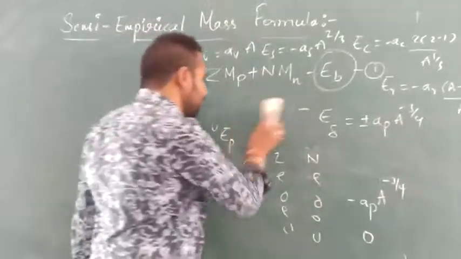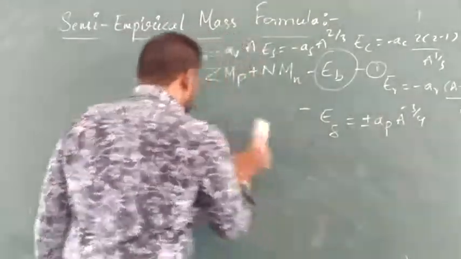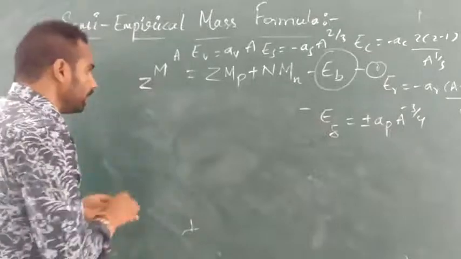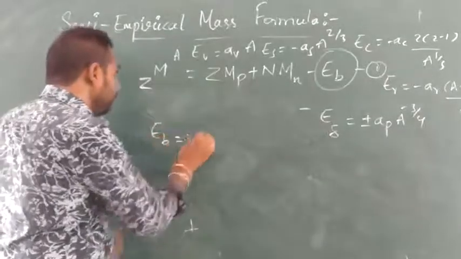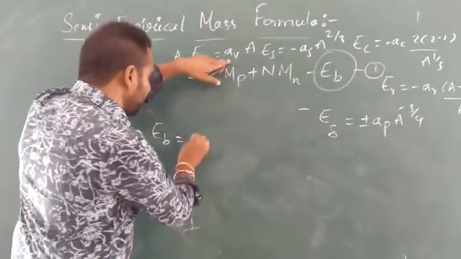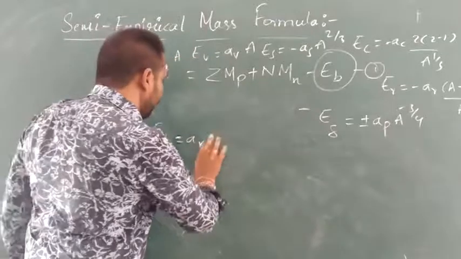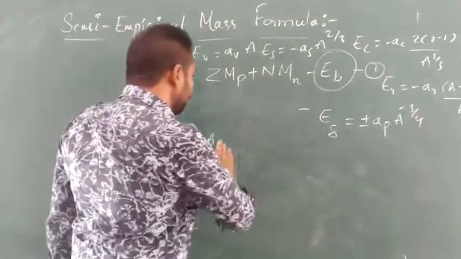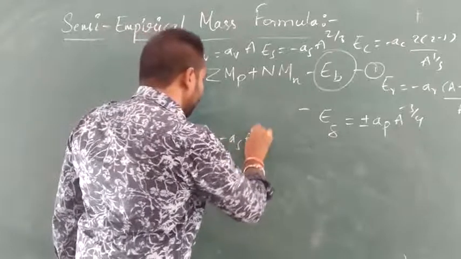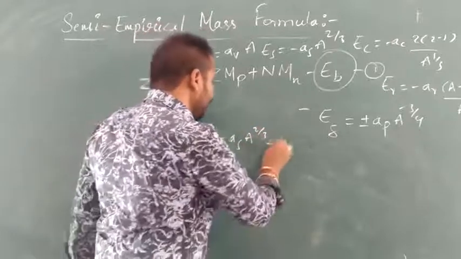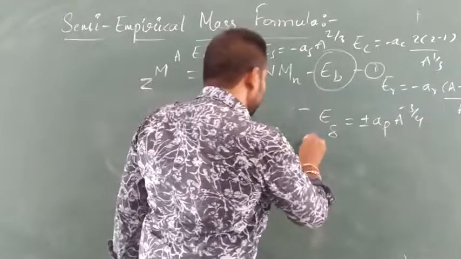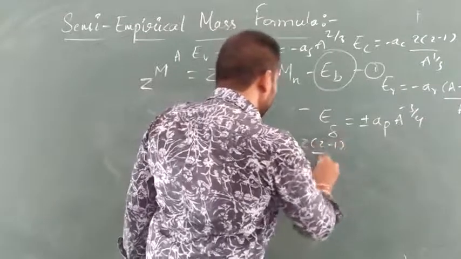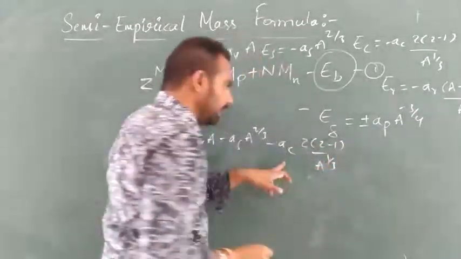So the EB value is given by now. EB is equal to how much? First the volume energy term AB into A, plus minus the surface energy term AS A power 2 by 3. Next minus AC Z into Z minus 1 by A power 1 by 3, the Coulombic energy term.